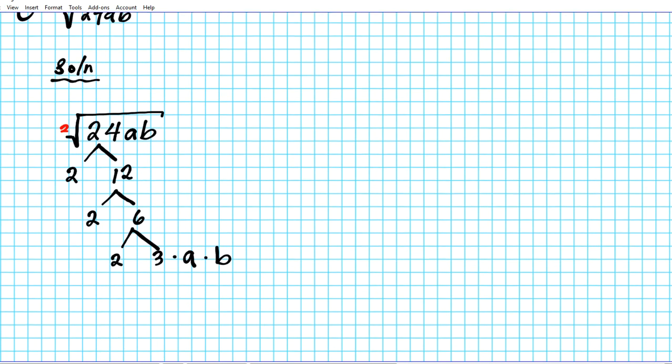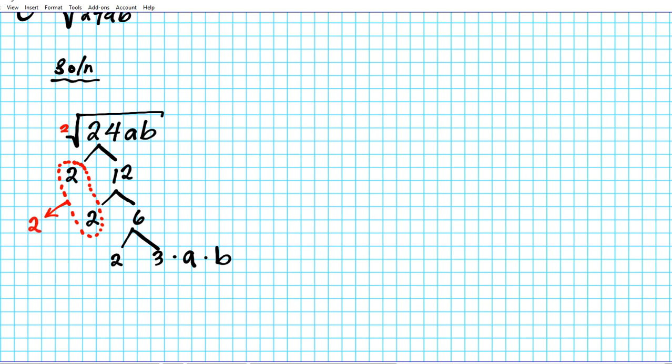Alright, so what we're looking for here is pairs of identical factors. So we have 2 2's here. So that's 2 times 2. Now what is the square root of 2 times 2, or the square root of 2 squared? If you take the square root of 2 times 2, or 2 squared, it is simply going to be 2.